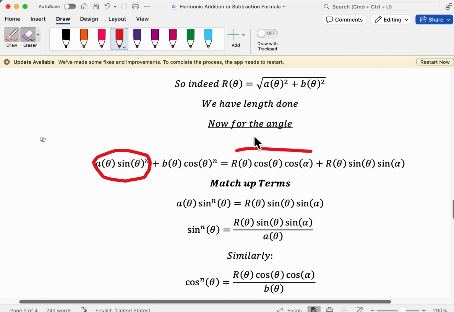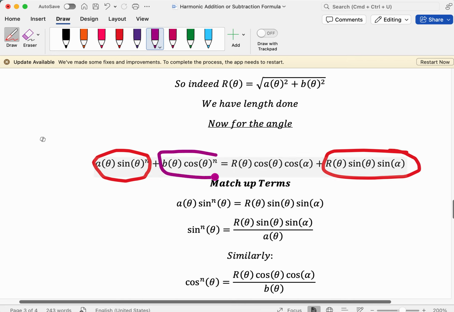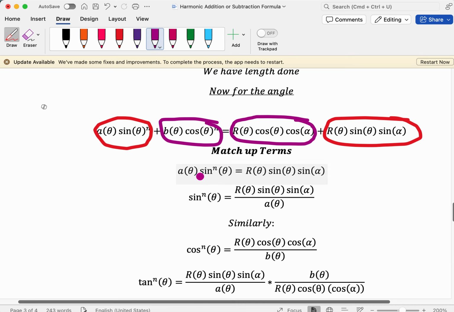Oh, sorry, we want the sines. Basically, the sines will match up with each other, and the cosine terms will match up with each other. So then this goes with the sine term here, and then the cosines match up with each other. So let's consider this particular equation.